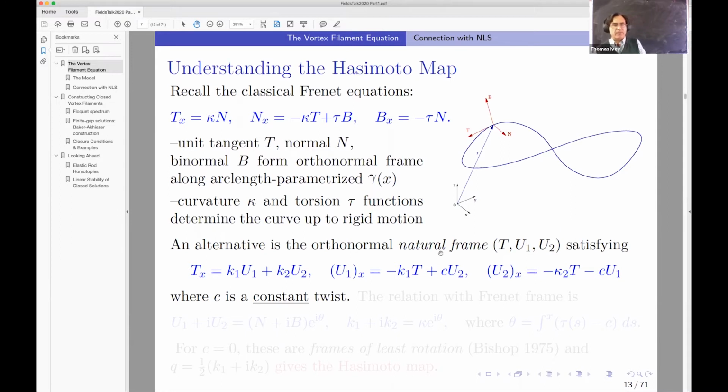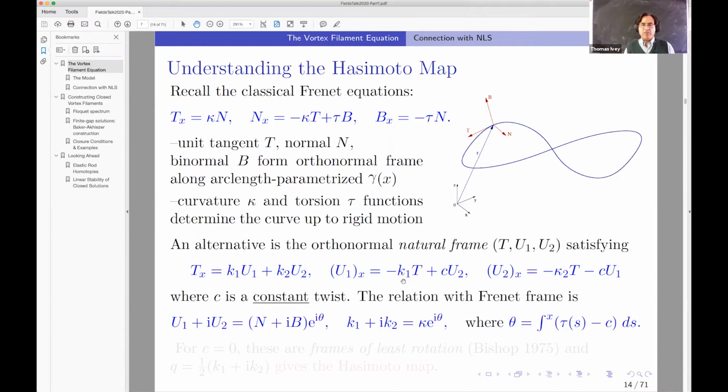There are other people who have other names for it, where you still retain that unit tangent vector, of course, but then you have a different choice of unit vectors in the normal plane, such that the x derivative of each one is a multiple of the tangent plus a constant multiple of the other normal vector. So it's sort of like they spin at a constant rate in the normal plane of the curve while also bending the direction of the unit tangent vector. And these will usually be well defined when you go across inflection points.